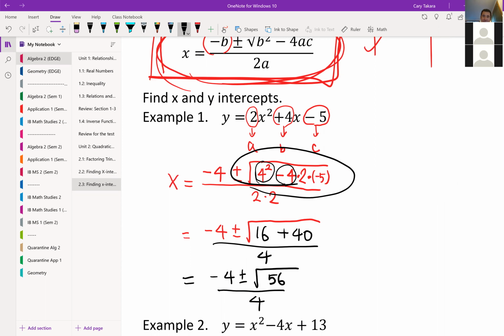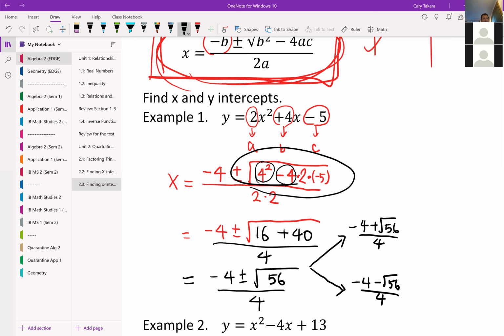So one solution is you take the positive square root of 56, divide by 4. And then we'll figure out what exactly it is in decimal. And the other one is you take the negative square root of 56 over 4.